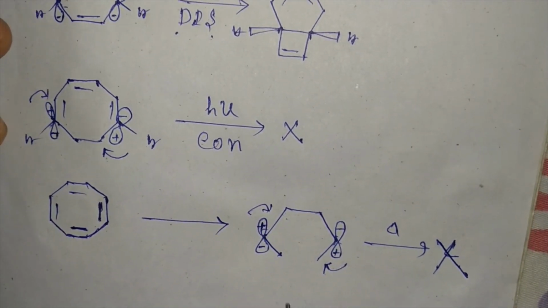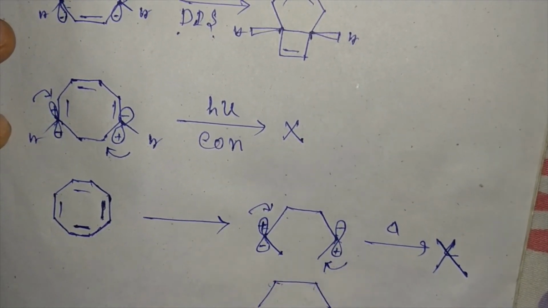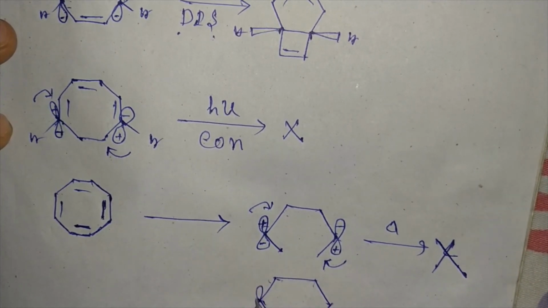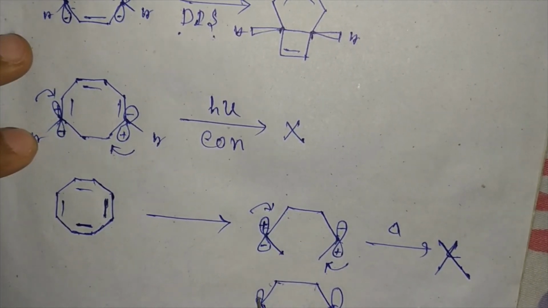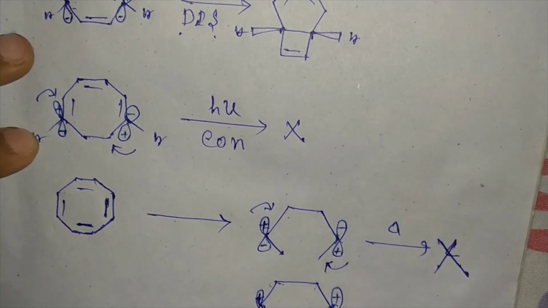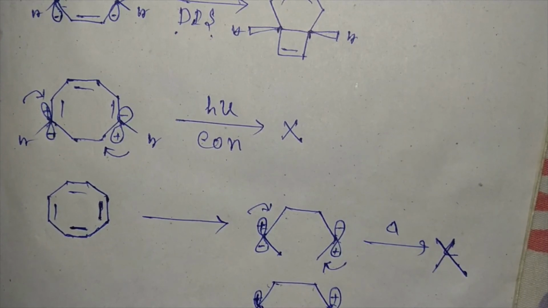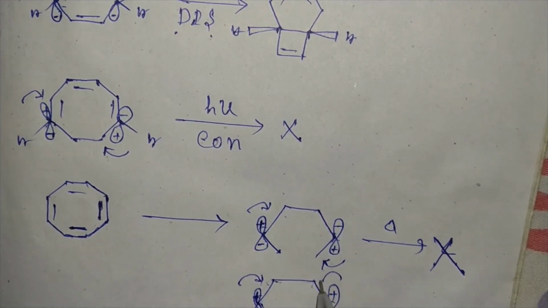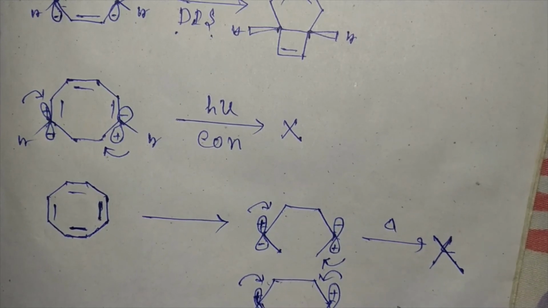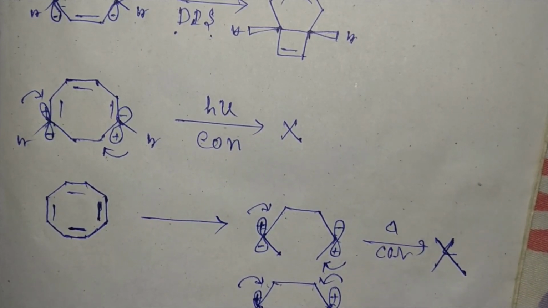Whereas in photochemical condition, for cis geometry, it will have symmetry with respect to mirror. So plus plus, minus minus. For this bonding interaction, we have to rotate this clockwise and this anti-clockwise. So this is disrotation. For this rotation, it will go downward, whereas this will also go downward. Here hydrogens are there. Hydrogen will go upward, hydrogen will go upward.